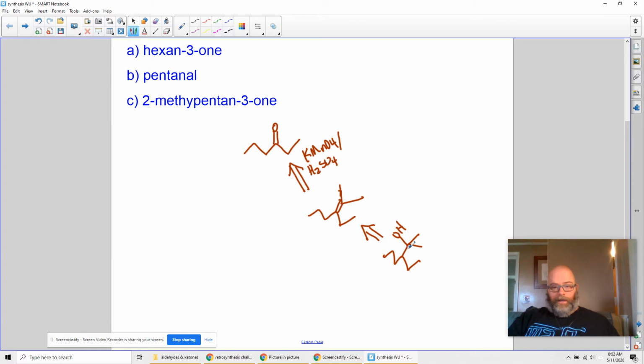And then we want to make it a better leaving group. So we would protonate it, make it water, and then it would leave, creating a double bond here. To make that happen, we would just use sulfuric acid and some heat.